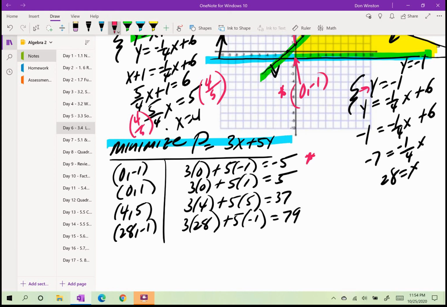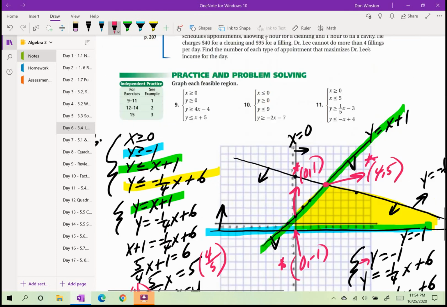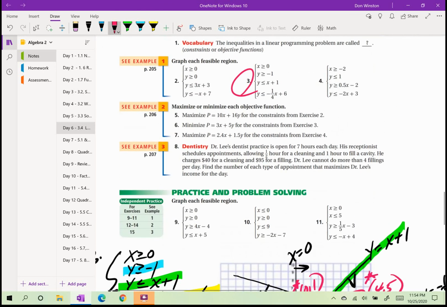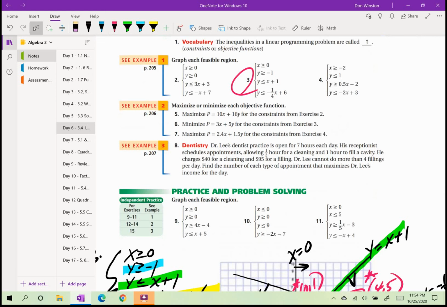Okay, so you'll have a couple problems like that for homework. Just so that you know how this works here, you'll have 2, 3, and 4 to do, 5, 6, and 7. I've already done 3 and 6 with you, because 6 goes with exercise 3. But again, make sure you have that on your handwritten work.